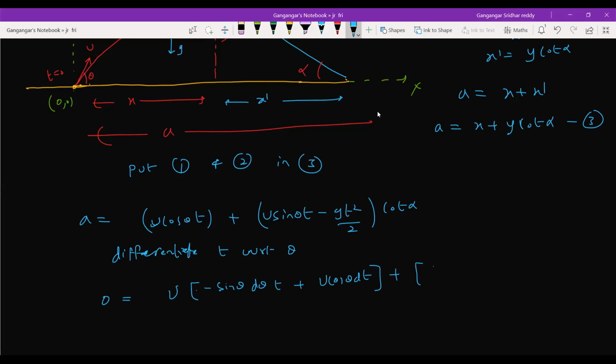Then similarly, u differentiation of sine theta cos theta d theta t plus u sine theta d theta. Sir, both you are differentiating with respect to theta, no, sir?